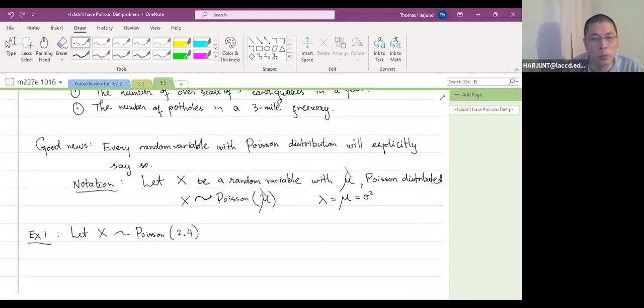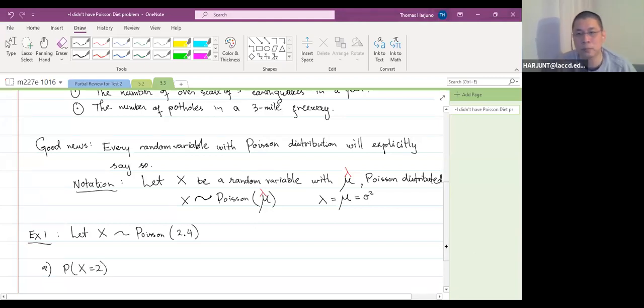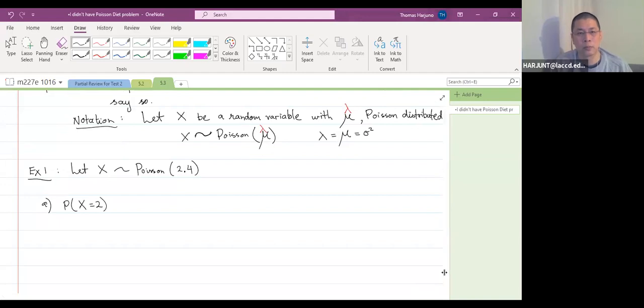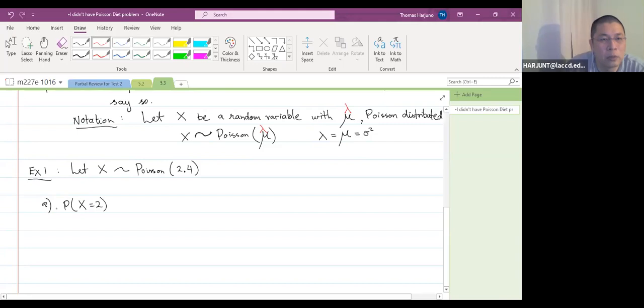Okay, with lambda, or the mean, equals 2.4. Question, part A, find the probability that X equals 2. That's the probability notation.